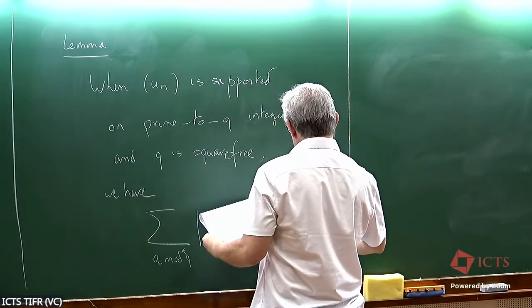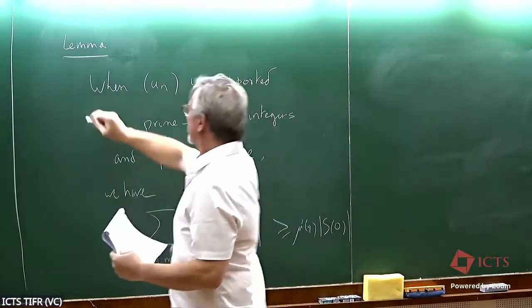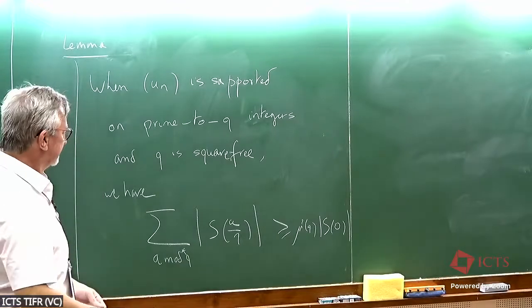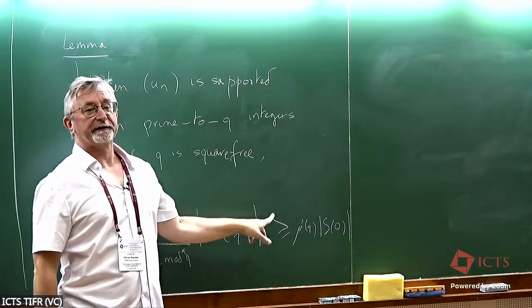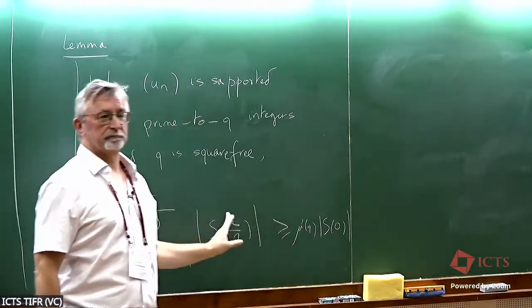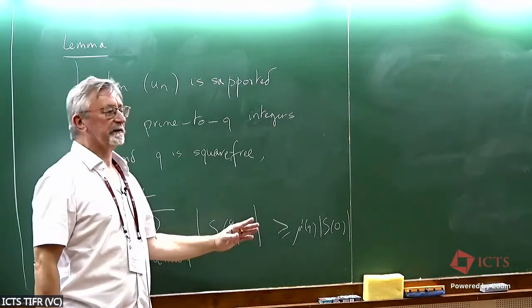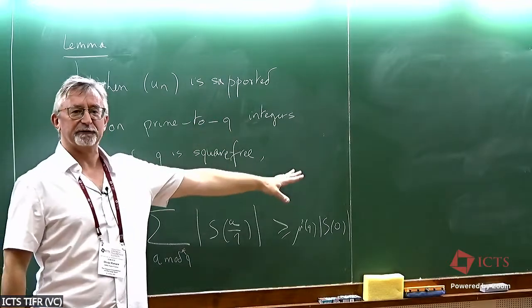I'm going to add this one to be sure that you don't forget it. Don't get mistaken, it's L1. In fact, I'll use only L2, but I want to tell you that we have L1, which is stronger, because from this one you can deduce the L2.